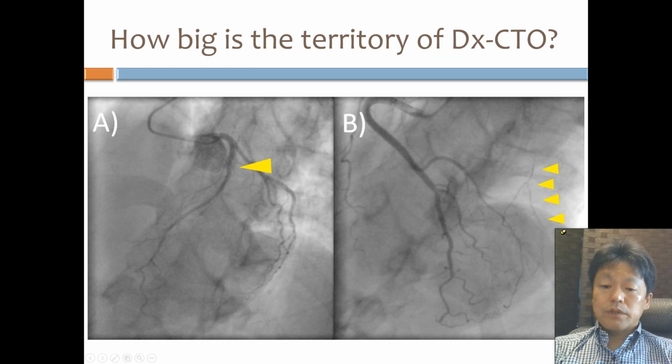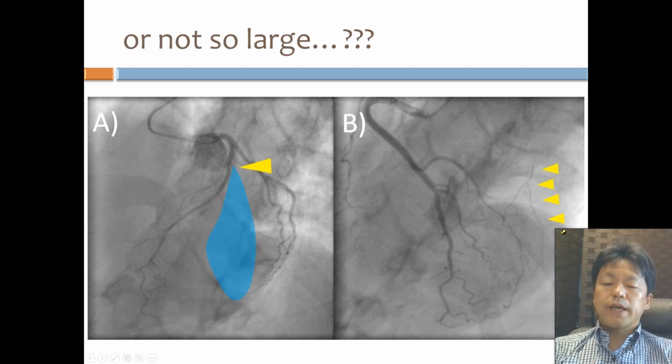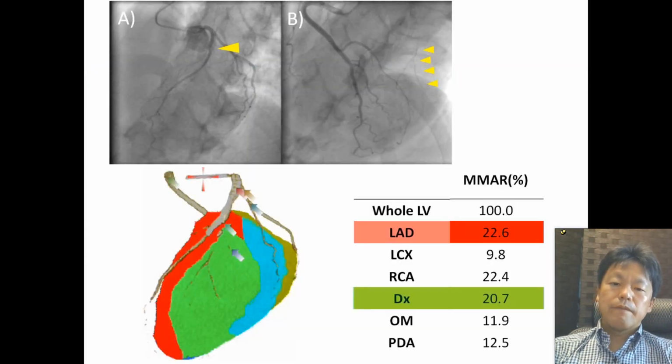In the heart, how can we use it? This is one case, a diagonal total occlusion. This diagonal is not so very big. Is it a very big territory of the diagonal, or a smaller diagonal? That's very important to make the decision, but there's no definite answer from the angiogram.